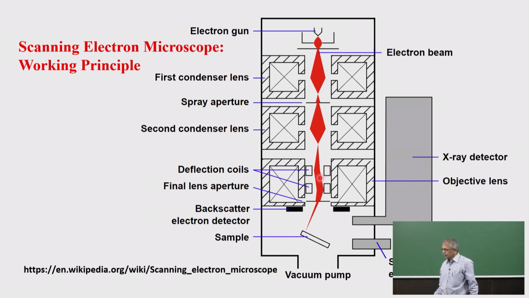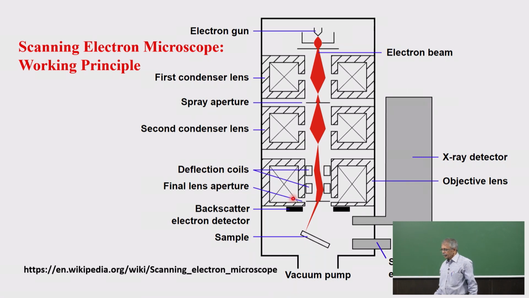There are deflection coils, which are magnetic ones, because you flow current through them. And then you have the other lens apertures, and you can get the reflection backscatter for the detectors or secondary electron detectors, and of course the sample is there.